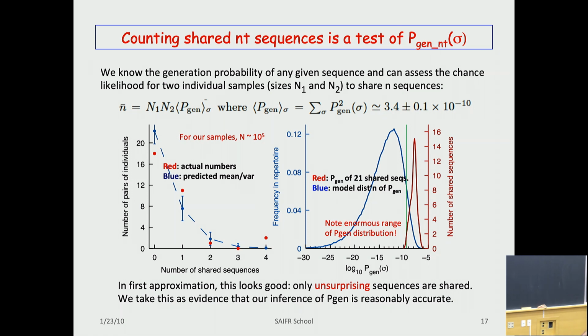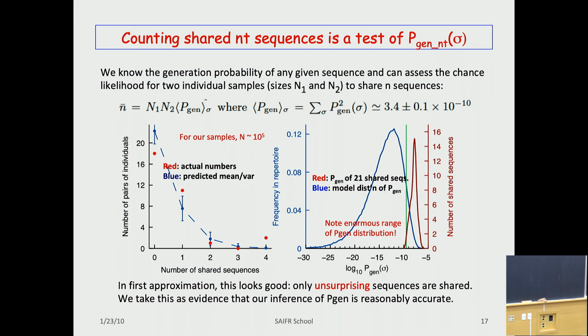Well, what this says is that the answer is going to be the product of the sample sizes times this quantity, which is basically the sum over all possible sequences of the product of their probabilities of being generated.